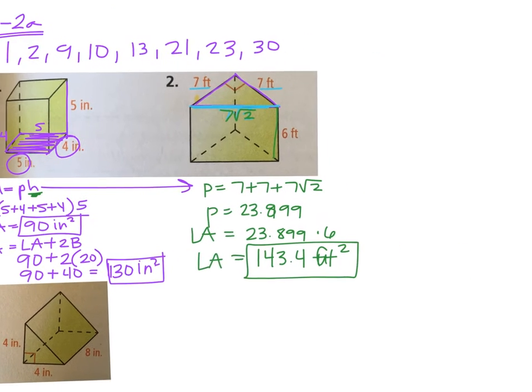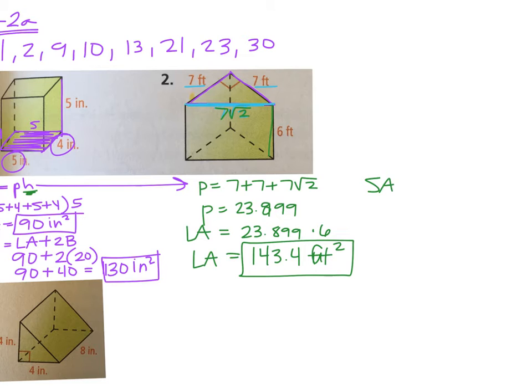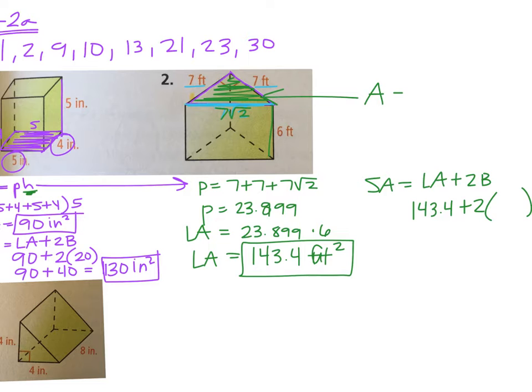Okay, and then your surface area is the lateral area plus 2 times the area of the base. So it's 143.4 plus 2, and then the area of your base is a triangle. So you're finding the area of that triangle, which would be 1/2 times 7 times 7.